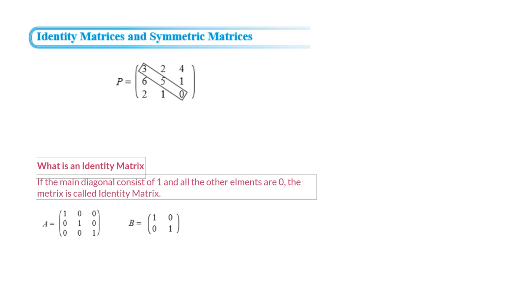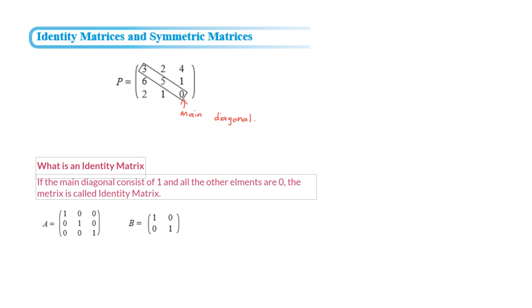Suppose you have a matrix P equal 3, 2, 4, 6, 5, 1, 2, 1, 0. If you draw a line from top leftmost corner to bottom rightmost corner, we call it a main diagonal.